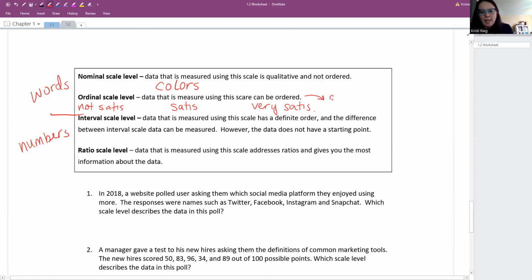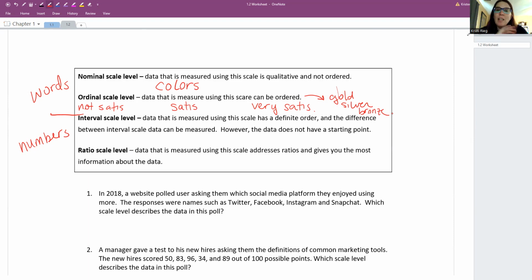So if I said gold, silver, and bronze, those are three colors that are universally decided as first, second, and third. So that very specific example is an example of colors that can be ordered, but typically colors don't have a better and best and worse.